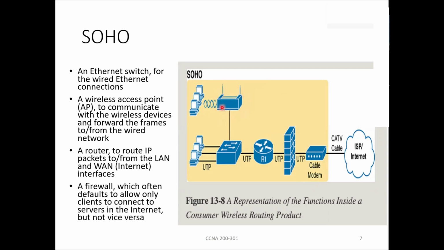This access point's main job is to provide wireless network connectivity. So if you look at your home network, you may have a small router that provides routing functions and a bit of switching functions, that may have 4 ports, and that may also provide wireless connectivity. So it's kind of an all-in-one.